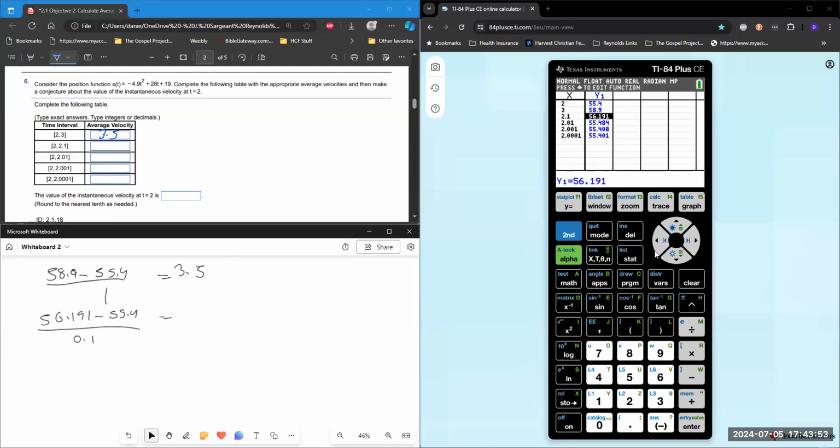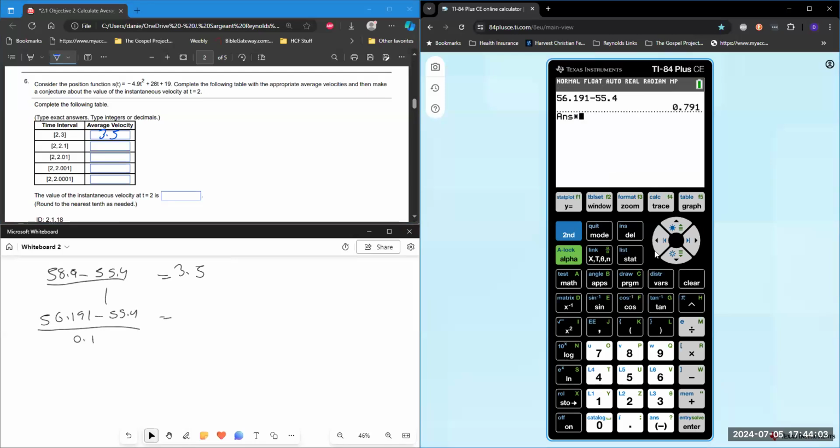So that is 56.191 minus 55.4, that times 2 is 1.582.